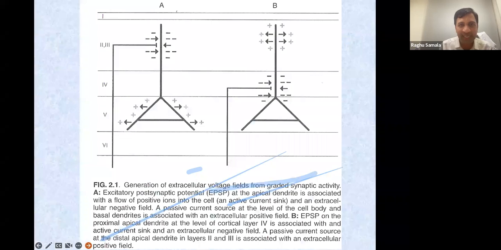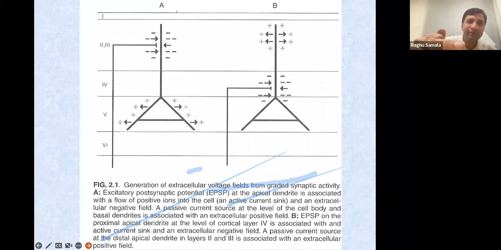If you see A, in layers 2 and 3, whenever there is an excitatory potential, you can see a lot of positives will go inside the cell. So what is there in the extracellular surface? It is the negativity. But if you see at the soma, you can see the positive.